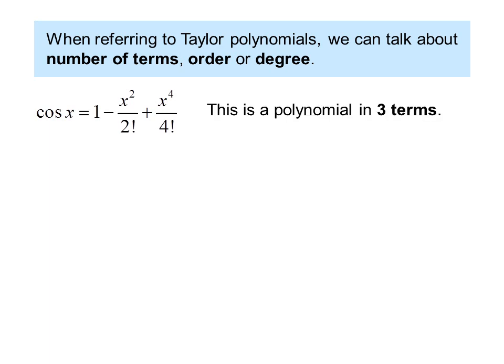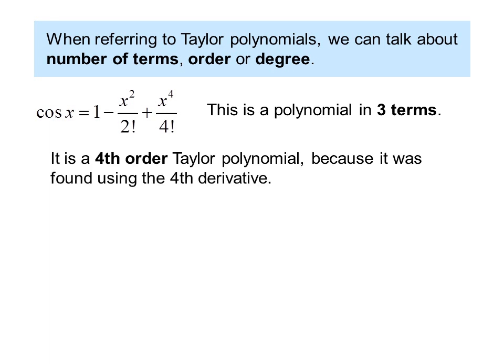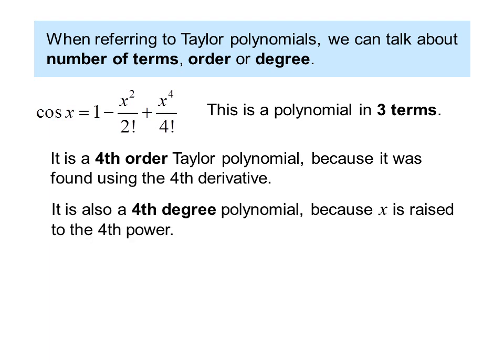This is a polynomial in 3 terms. It is a fourth order Taylor polynomial because it was found using the fourth derivative. It is also a fourth degree polynomial because x is raised to the fourth power.